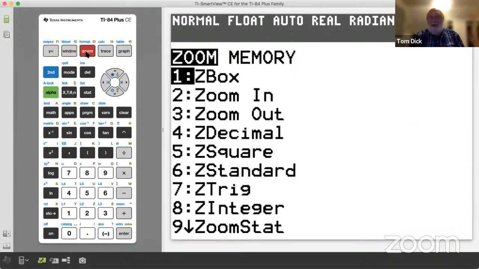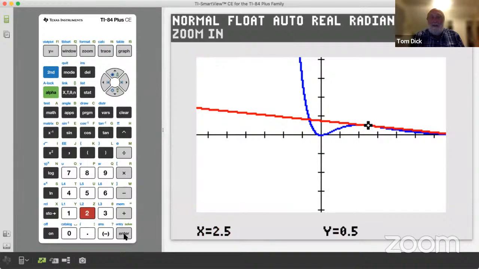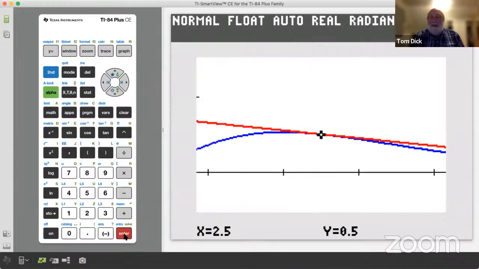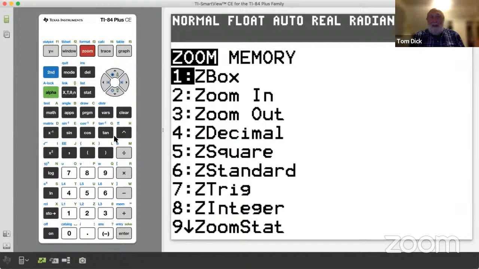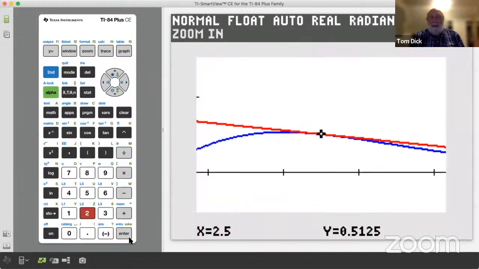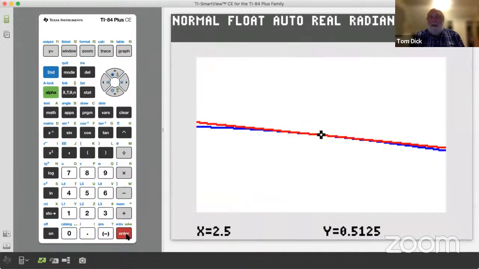So let's go ahead and do a zoom in. Let me go ahead and hit the trace again. There we go. And I'll hit zoom in again. And you can see that those two graphs are looking more and more alike.